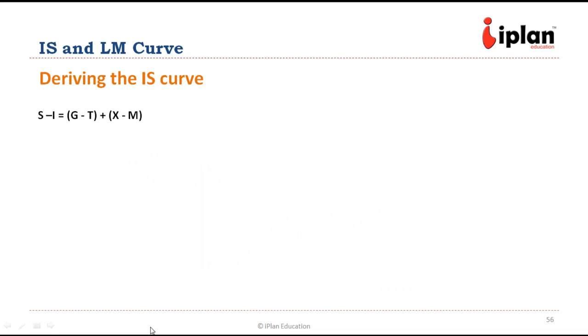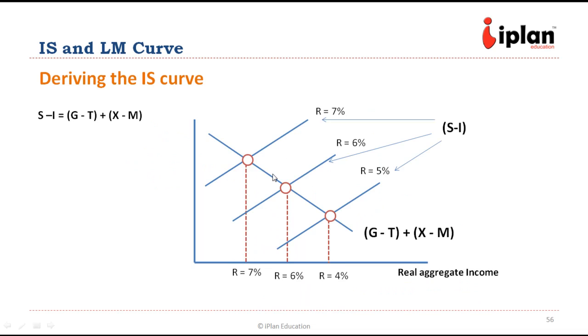Here we have one value of G minus T plus X minus M, and we had one S minus I curve, but the real interest rate is 7%. At that point in time, the income is y1. So income is y1 when the interest rate in the market is 7%. These two curves are cutting at this particular point at y1 income.